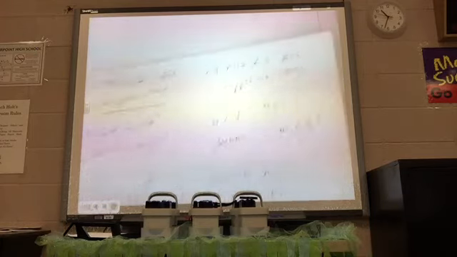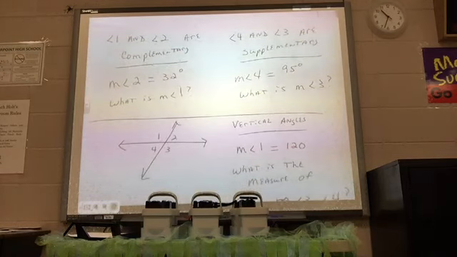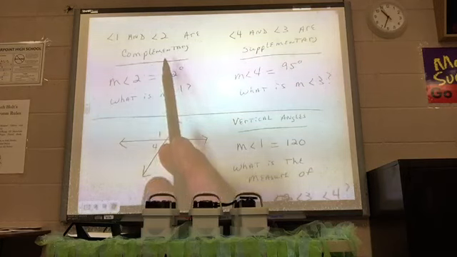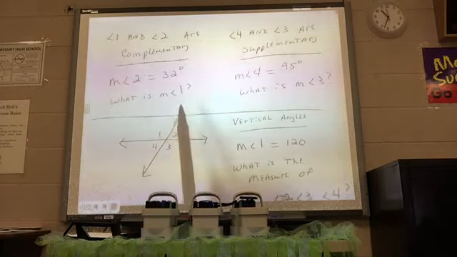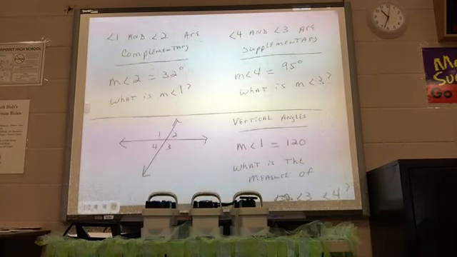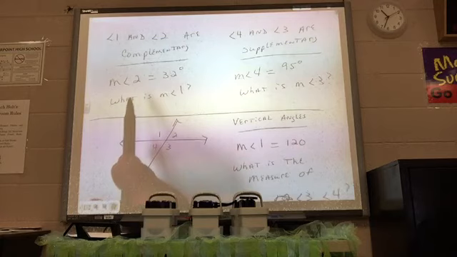Two angles are supplements of each other, or supplementary angles, if they equal 180 degrees. And we talked about these two questions yesterday. Angle 1 and angle 2 are complementary angles. The measure of angle 2 is 32 degrees. The measure of angle 1 is what we were looking for. How did we find that? Take 90, subtract 32 from it, and that should tell us what the measure of angle 1 is.